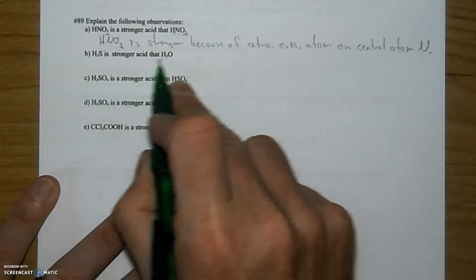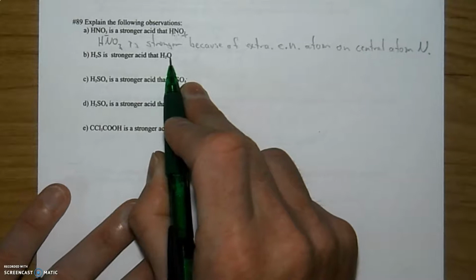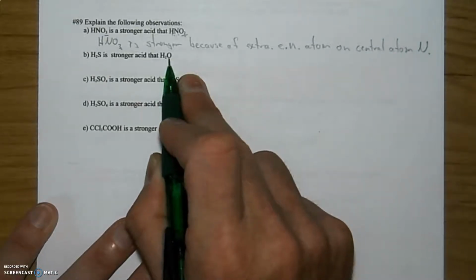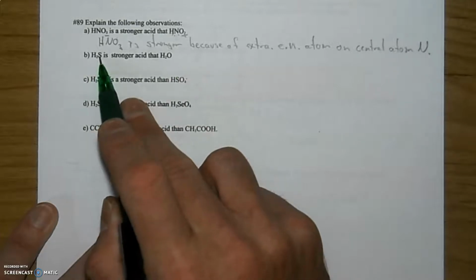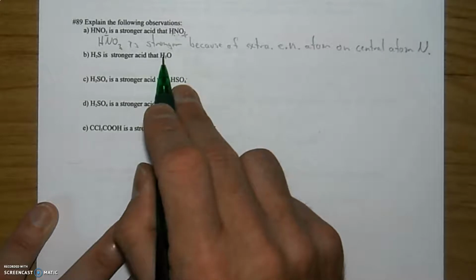H2S is a stronger acid than H2O. And based on that chart we were just looking at, sulfur is below oxygen. And as the radius increases, sulfur is lower, it's larger. As the radius becomes larger, the hydrogens are less tightly held.